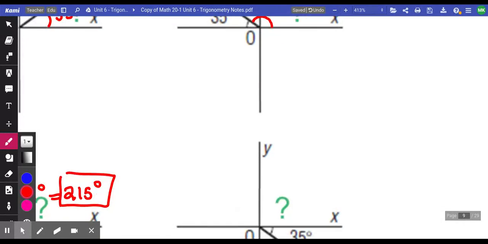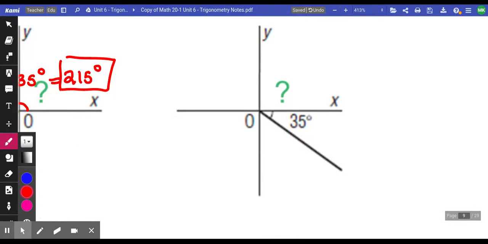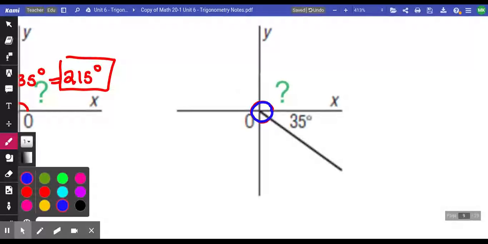All right, last one down here. To figure out this standard position angle, I would draw from here all the way around to there. That's our standard position angle. We're going to realize that if we had gone all the way around in a full circle, that would have been 360 degrees.